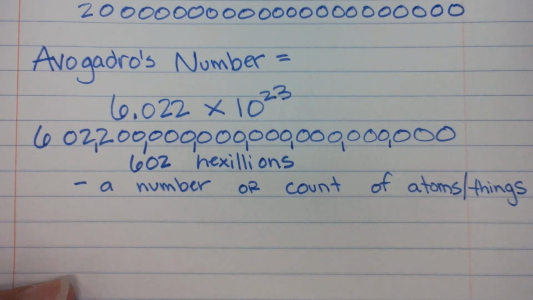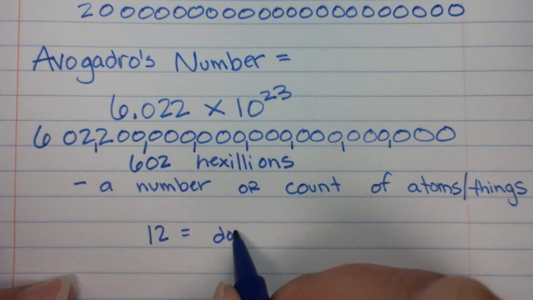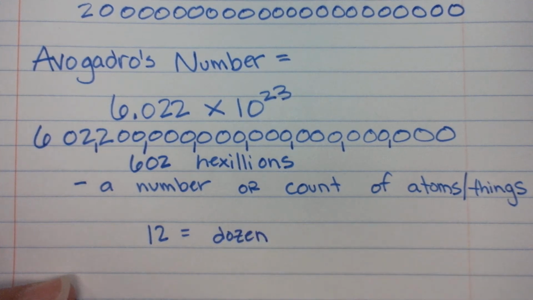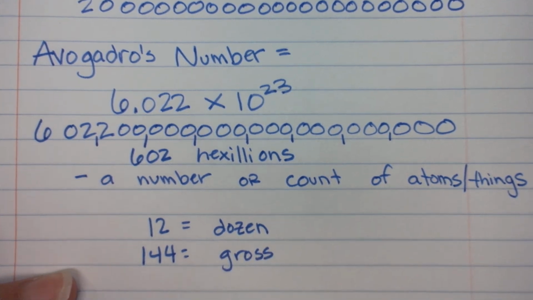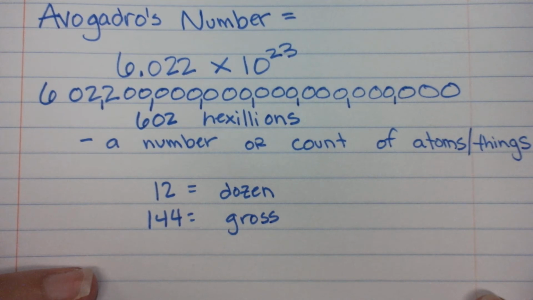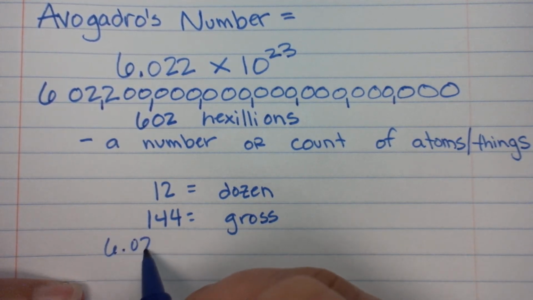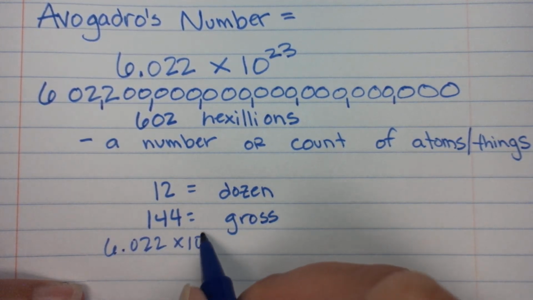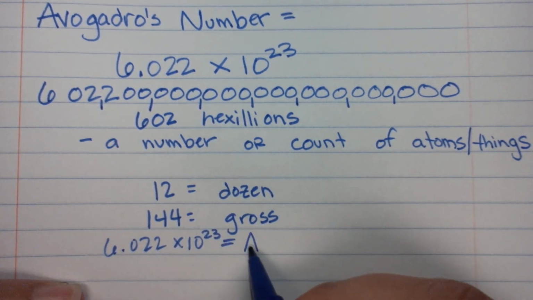So let's think just for a second, make sure we really understand. If 12 is a dozen, so I can go buy a dozen eggs, right? 144 is a gross, so I can order a gross of those toys, like from Oriental Trading. Alright, a baker's dozen is 13. Then 6.022 times 10 to the 23rd, because I don't want to write all them zeros, is Avogadro's number.